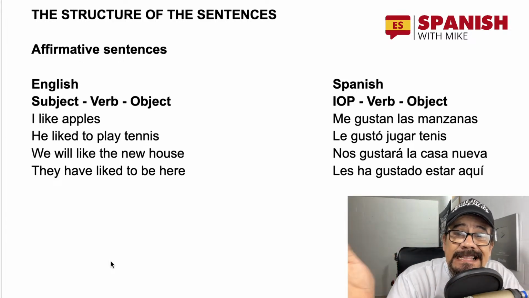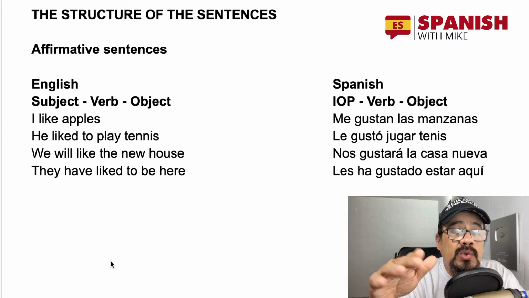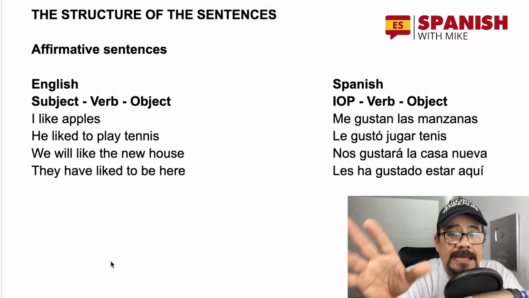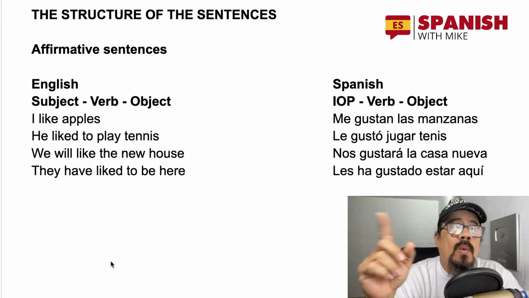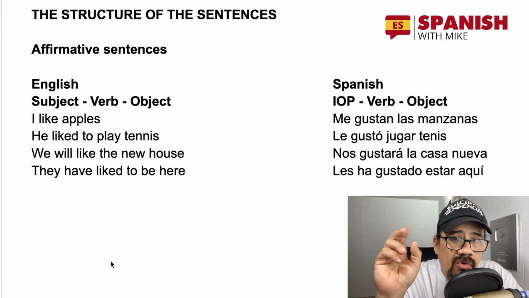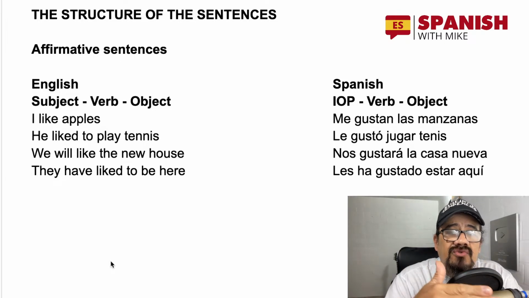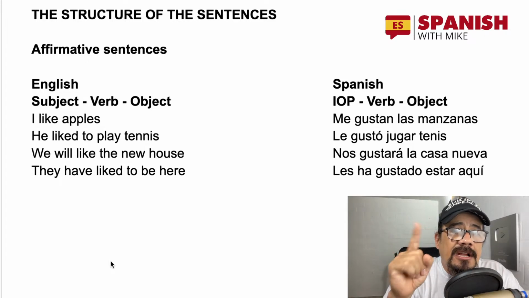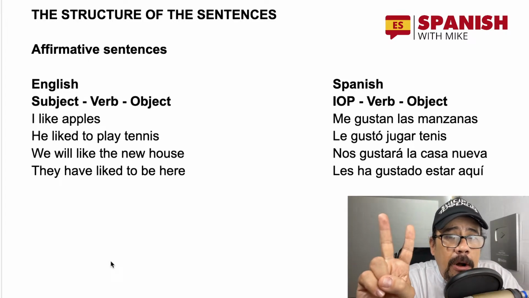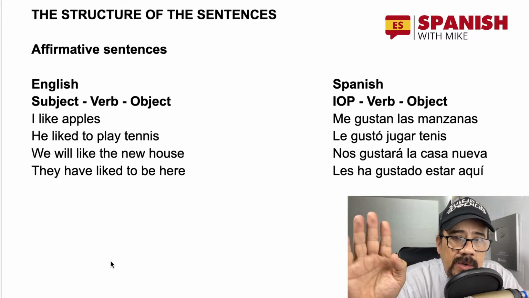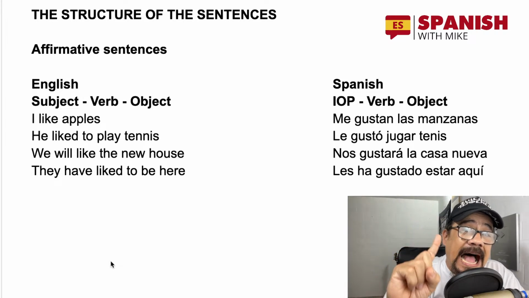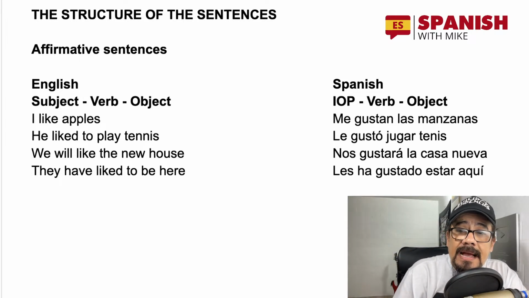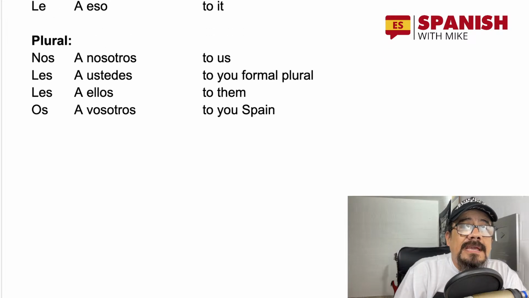But when we translate this to Spanish, the natural way, the right way we use that in Spanish, we don't use the subject, verb, object structure for affirmative sentences, regardless of the tense. We use indirect object pronoun, verb, and object. That's the way we use that. So because it's I, we use me. Remember that we had this table here before.